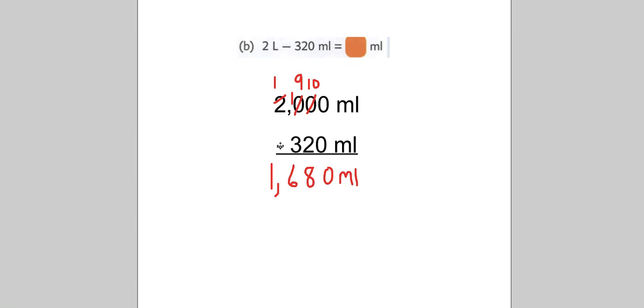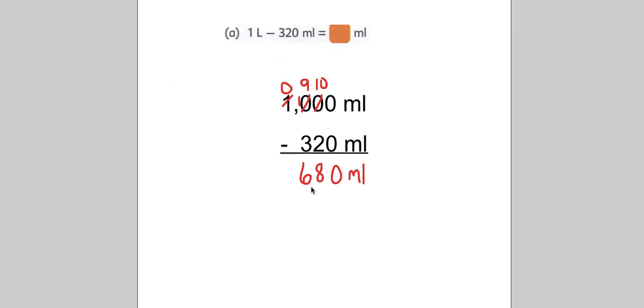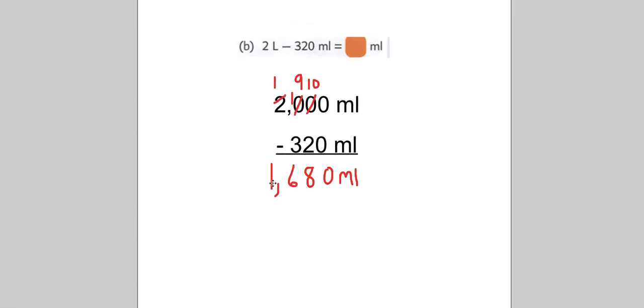Now, a lot of you might have said, wait a minute, this is similar to problem A. All I had to do was add an extra liter, which is 1,000 milliliters. So when you compare your answers, here you'll have 680 milliliters because you are subtracting from 1 liter. And here you have 1,680 milliliters because you're subtracting from 2,000 milliliters or 2 liters.